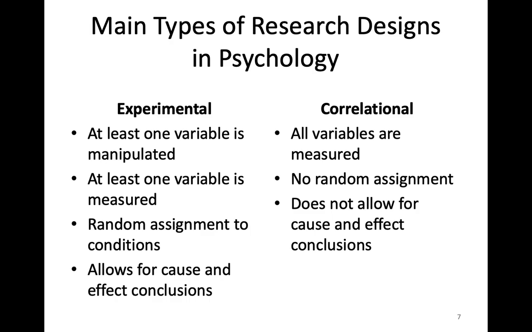Now, because of this, correlational designs don't allow for cause and effect conclusions. The reason is there could be any number of confounding variables that are the true explanation for why people, in our example, would do better on an exam.